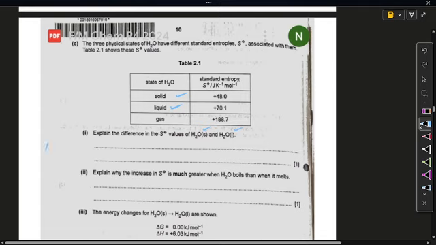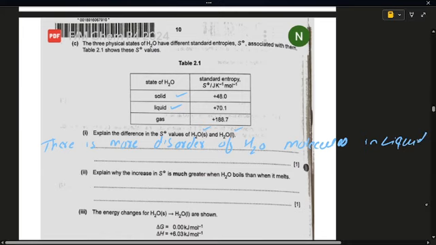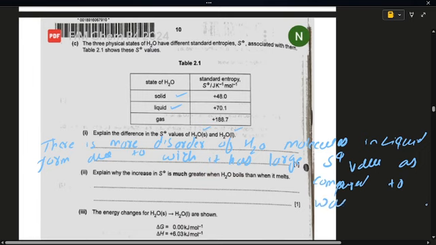So you can write there is more disorder of H2O molecules in liquid form, due to which it has a large entropy value as compared to water in solid state.